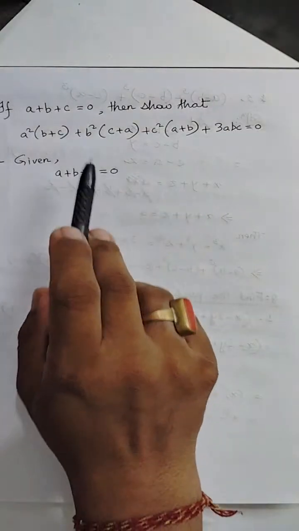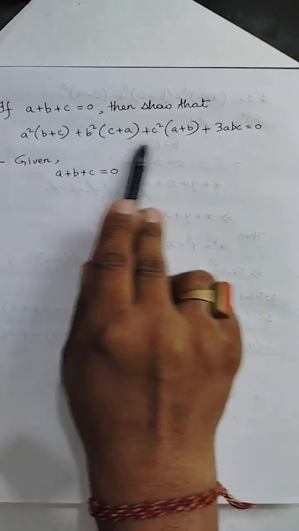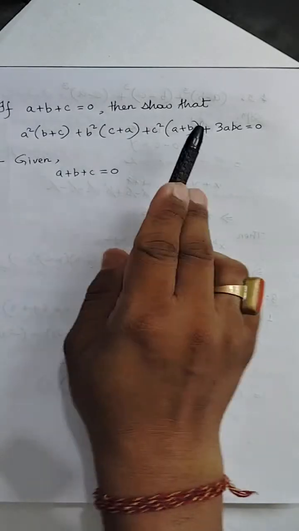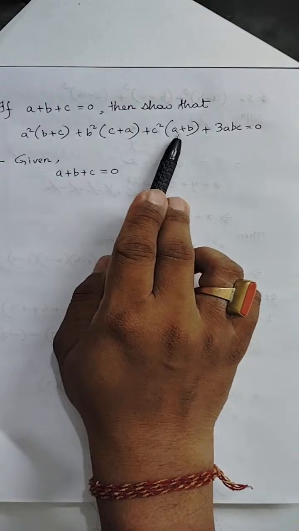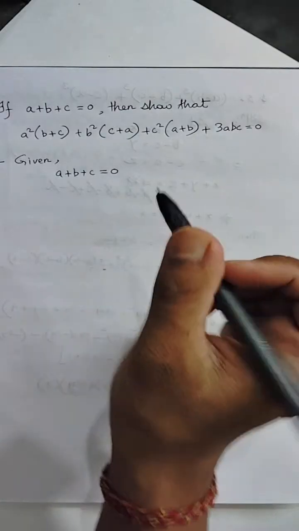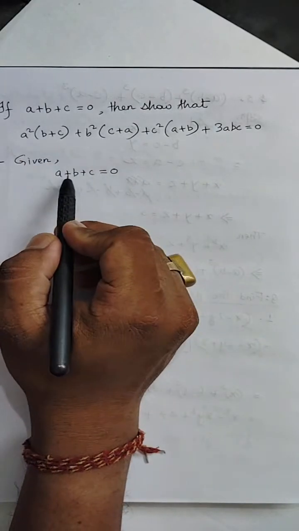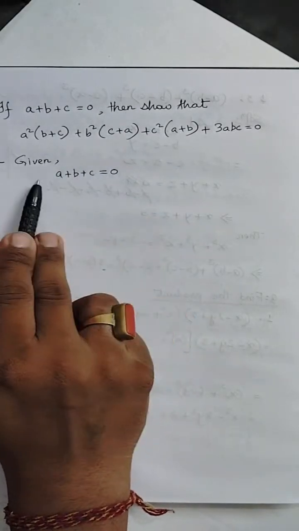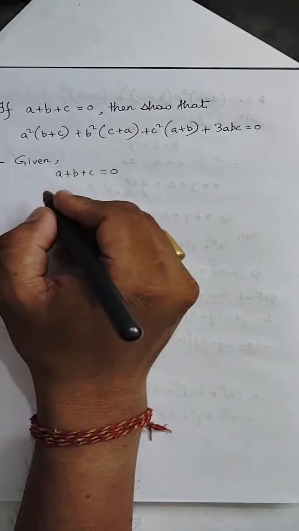So as we can see, in the left hand side of the expression, we have b plus c, c plus a and a plus b. Okay? So we can derive the values of b plus c, c plus a and a plus b from this given condition. How? Let's see.